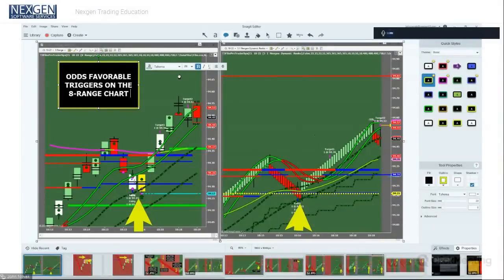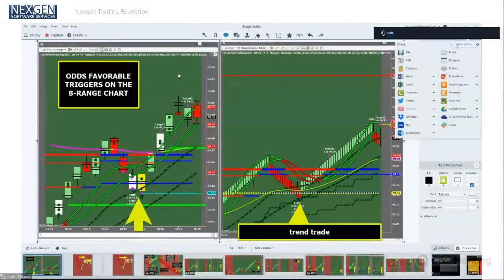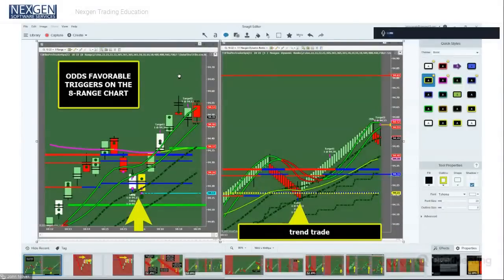The fact that there's a white bar down and then a signal up had nothing to do with it because it didn't influence my decision to take a trend trade. You understand what I'm saying? It was just odds favorable triggers helping. There, I'll share that with you.